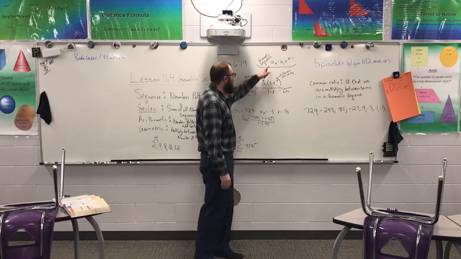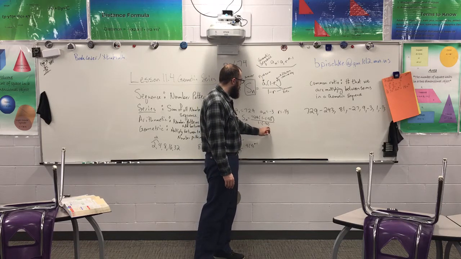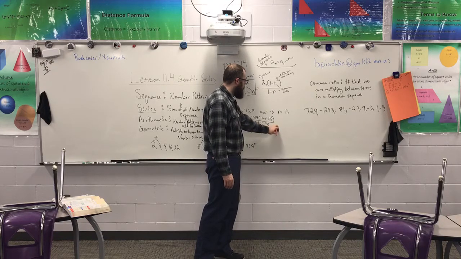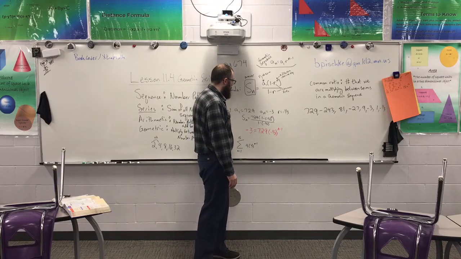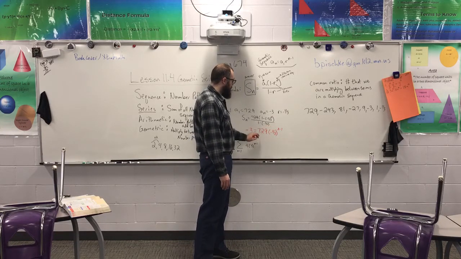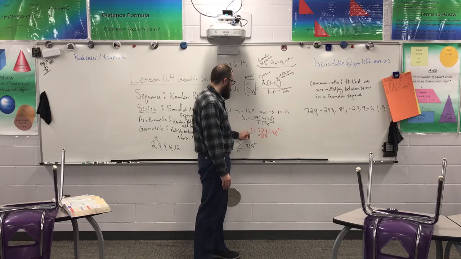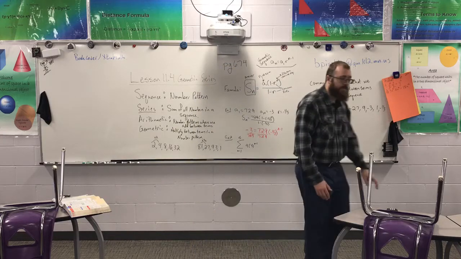So in my case, I'm going to come up here and say an is negative 3, a1 is 729, r is negative 1/3, and I don't know n, and it's n minus 1 in this case, right? My first move to get back to n is to divide my 729. This is going to be a ridiculously nasty fraction.